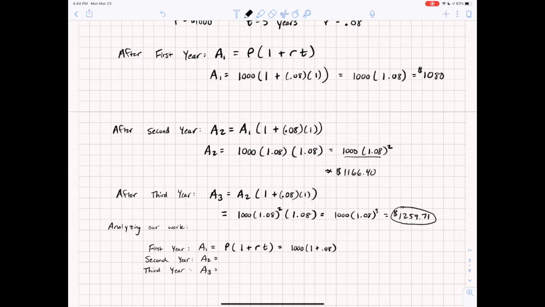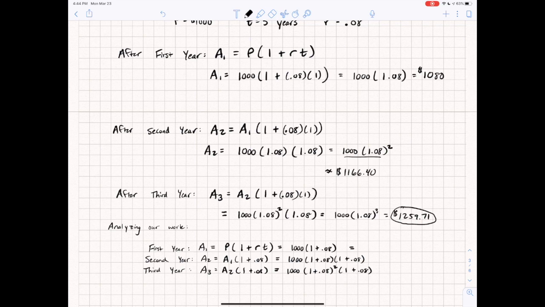When I did it again, this came out to be A1 times 1 plus 0.08, which was just 1,000 times 1 plus 0.08 times 1 plus 0.08. And then A3 was A2 times 1 plus 0.08. Well, that's 1,000 times 1 plus 0.08 squared times 1 plus 0.08.